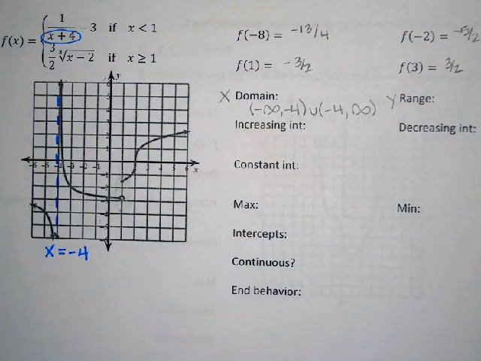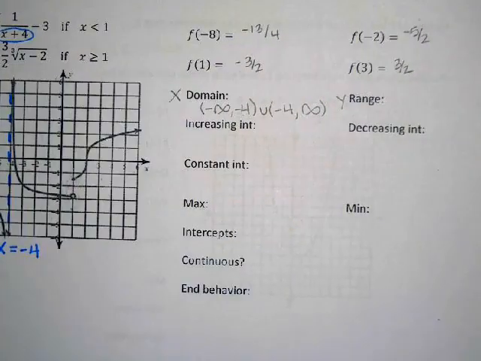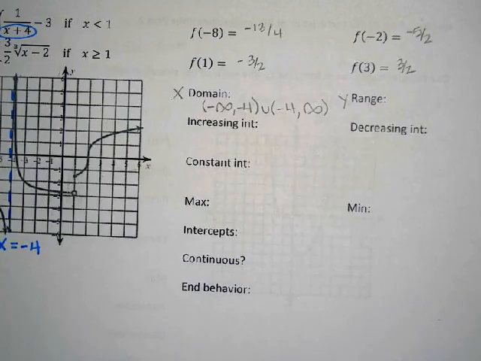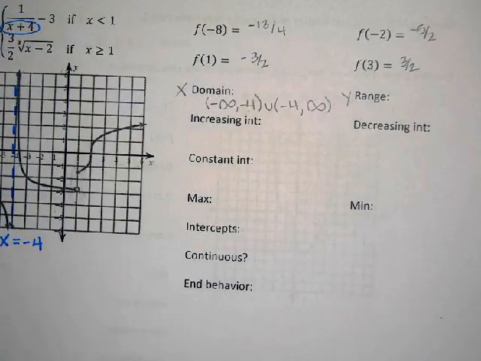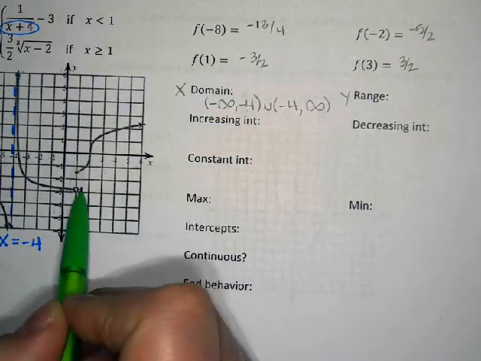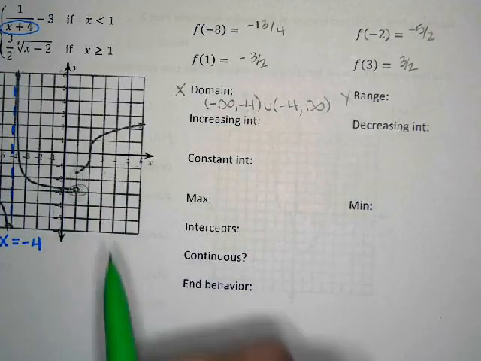And then I'm going to look to see if any y values are being skipped. So are there any y values that we might be worried about? Anybody see any y values we might be worried about? -3. So I'm looking like -3 is a y value that I'm concerned about.